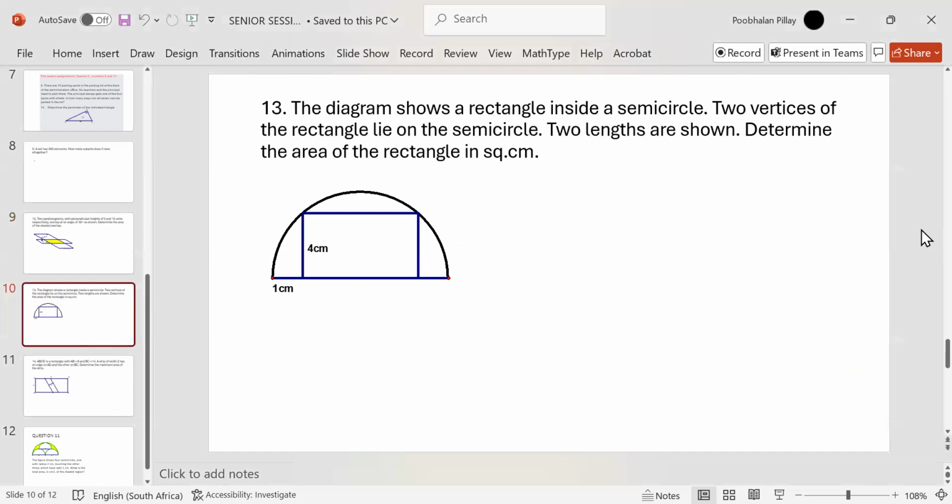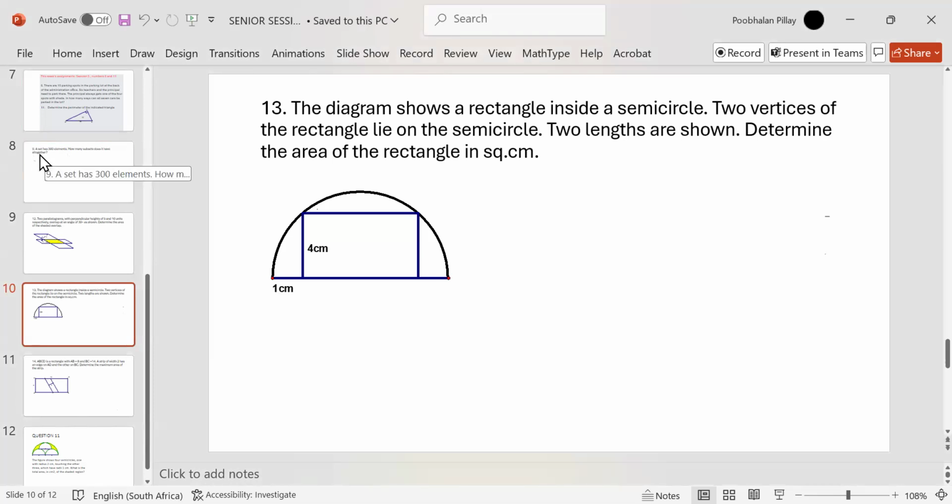The two vertices of the rectangle, as you can see, lie on the semicircle. And the two lengths are shown. This is 1 here and this is 4. And again, you're asked to find the area.